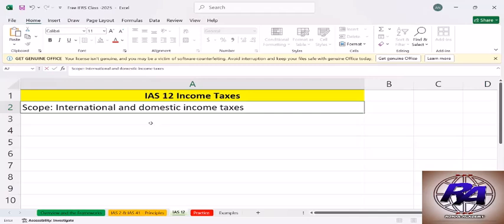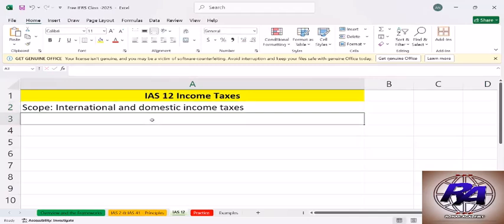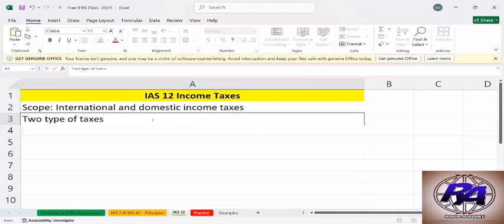Like I was saying, IAS 12 has two types of taxes that will be dealt with: the current tax and the deferred tax.